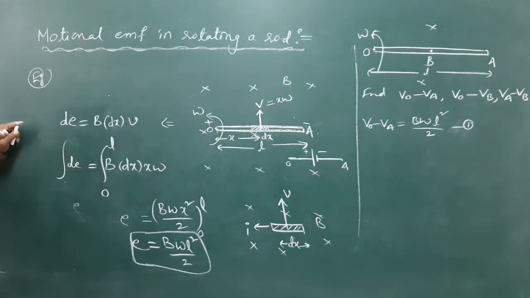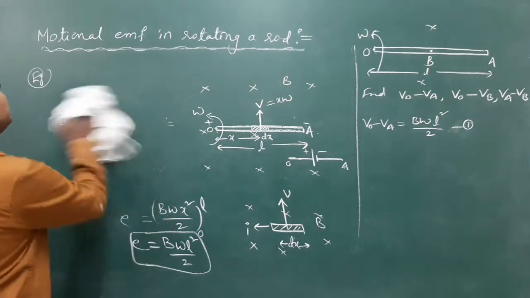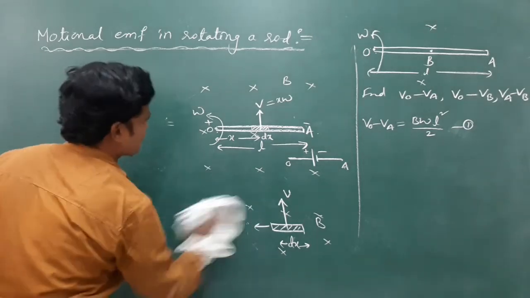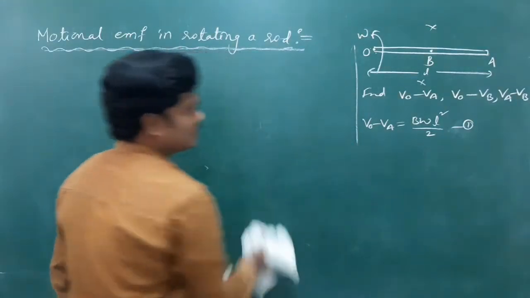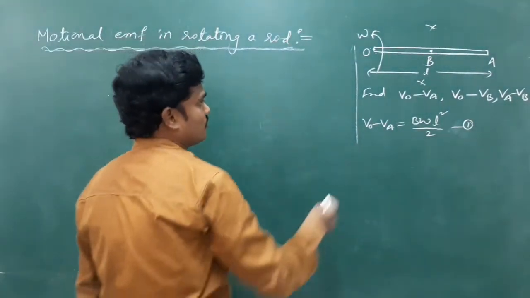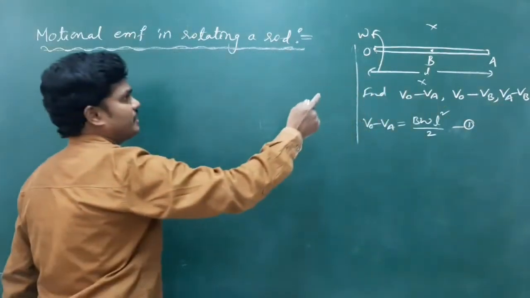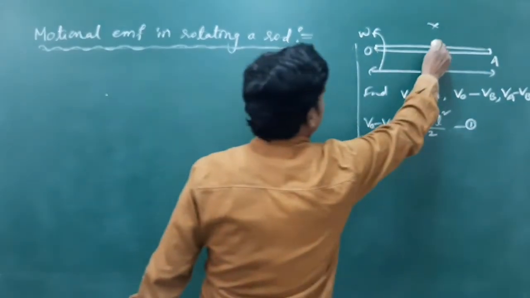Now I'll continue with VO, VB. See, VO minus VA, we got it. Let me continue with VO, VB, only this part.